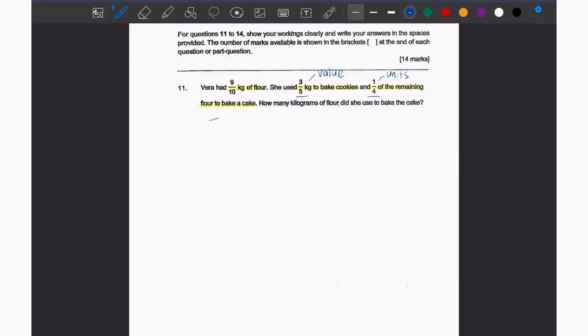Okay, so we're given the total flour. Total flour is 9/10 kg. Okay, so to bake the cookies, we use 3/5 kg.